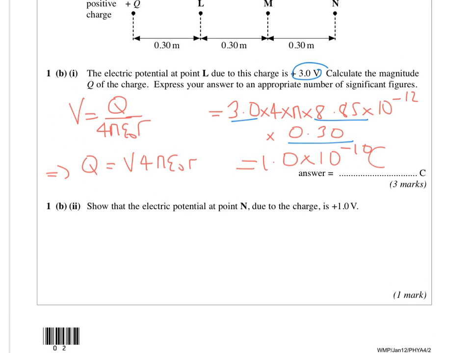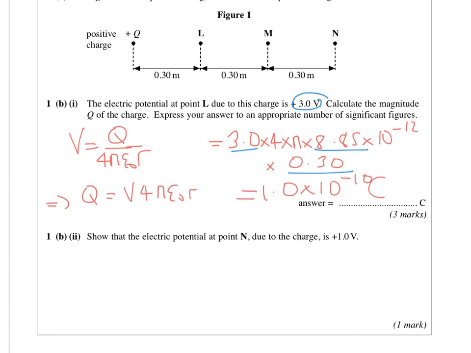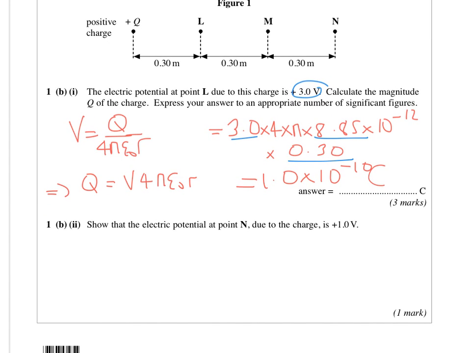Show the electric potential at point N due to the charge is 1.0 volts. So essentially, if you remember that the potential is Q over R, times a constant. So when R equals 0.3, V was 3.0.